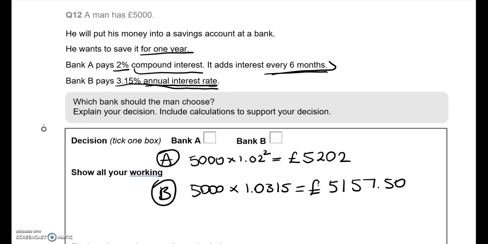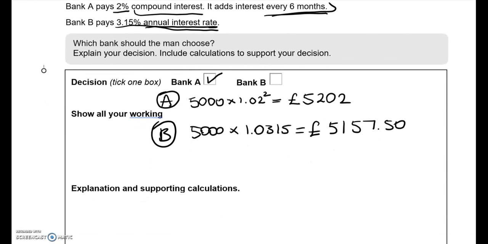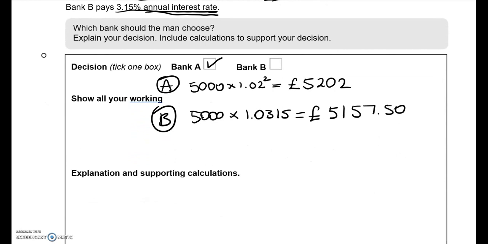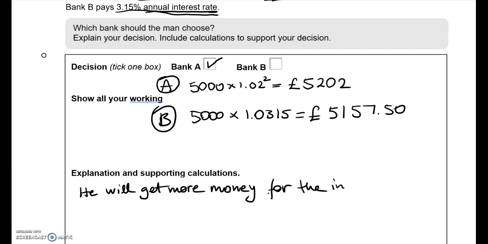So he should go for Bank A. And we can write something like you will get more money for the investment by using Bank A.